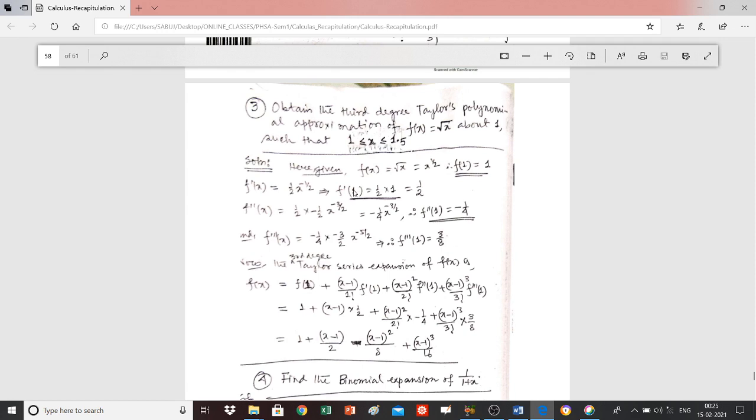So here f prime(1) is equal to half, and this is the f double prime(x), so f double prime(1) will be minus 1 by 4, and in the similar way f triple prime(x) is equal to this, and from here f triple prime(1) is equal to 3 by 8.